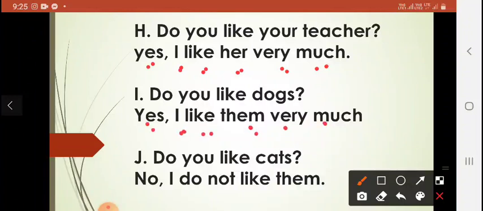Yes, I like them very much. Next is, do you like cats? No, I do not like them. So, you can write these as I am telling you, or you can do it on your own also. If you want to change any answer, you can.